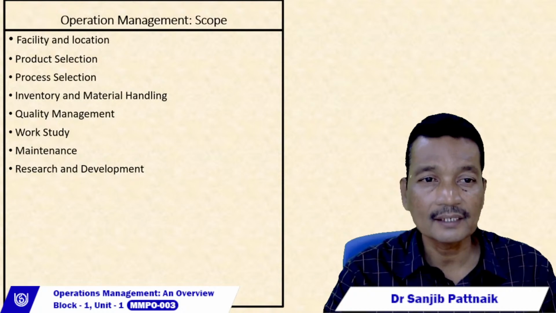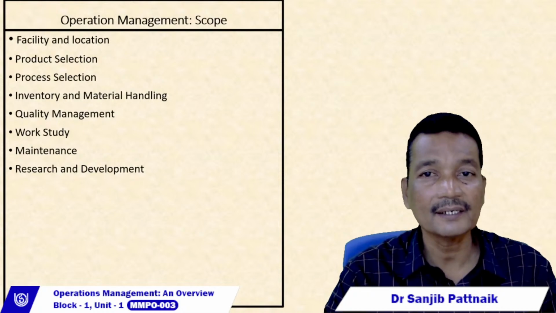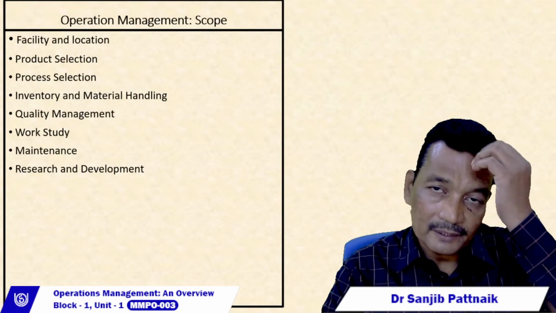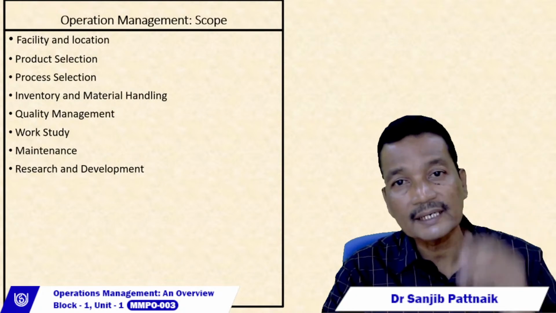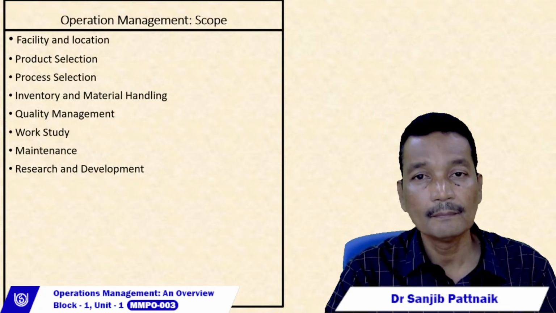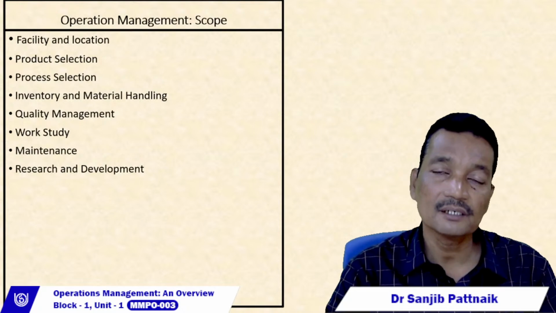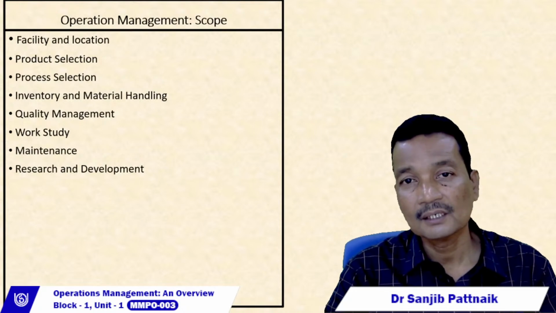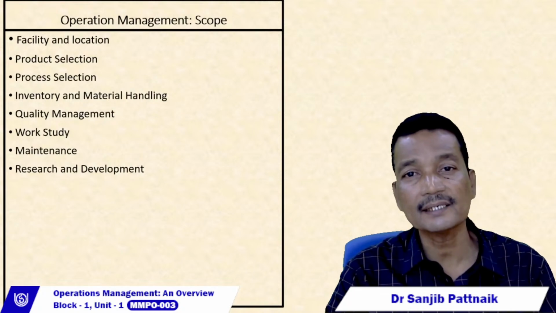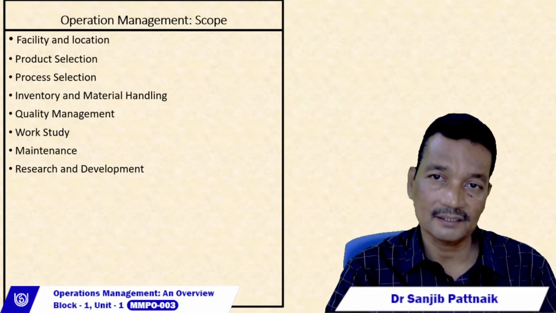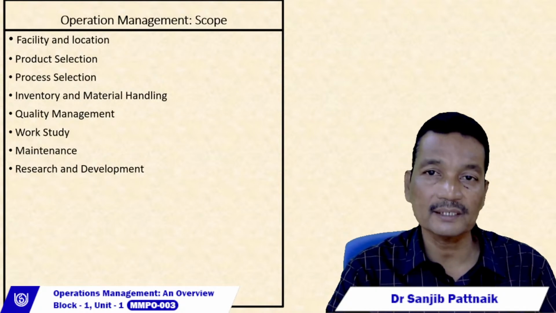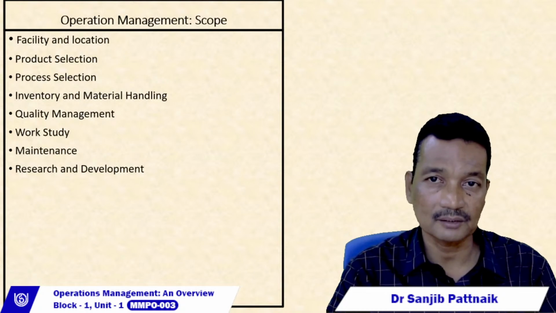Next, we look at the inventory and material handling. When we are talking of inventory, we talk of those items which are stored for future use. Now, here inventories can be categorized into various types, like raw materials. Another can be work in progress or semi finished items.